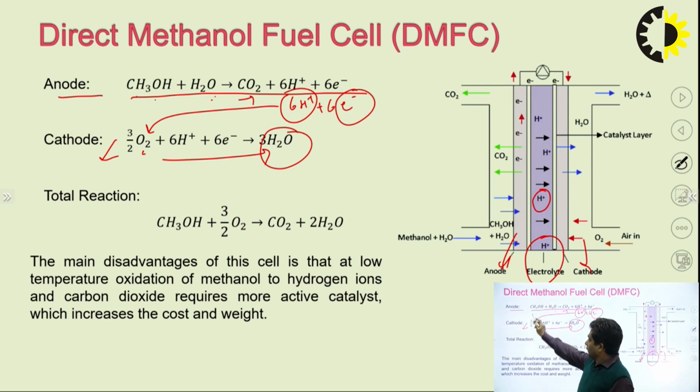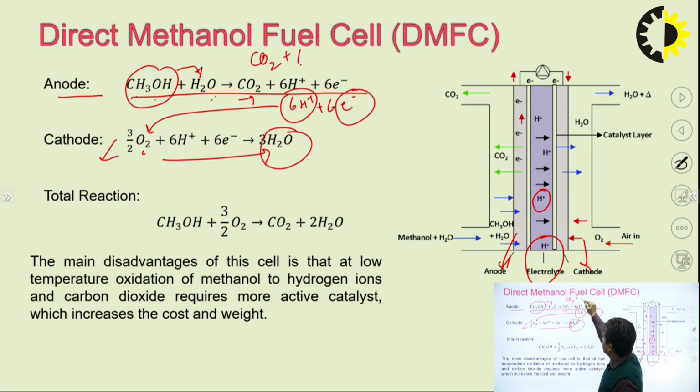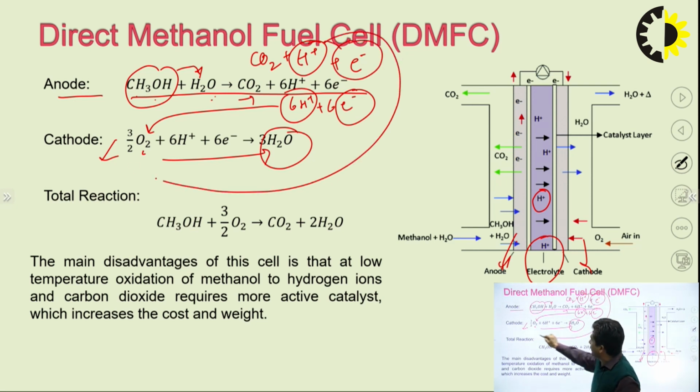At the anode side, methanol combines with the water molecules, and they generate carbon dioxide plus hydrogen ions as well as electrons. And these hydrogen ions and electrons combine together at the cathode side with the oxygen. They generate the water molecules.